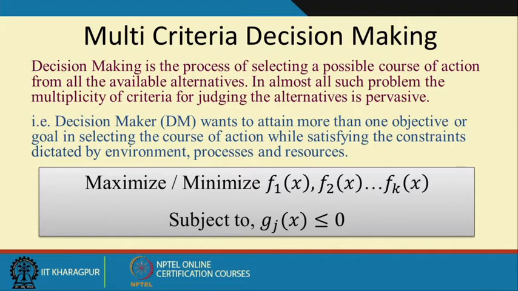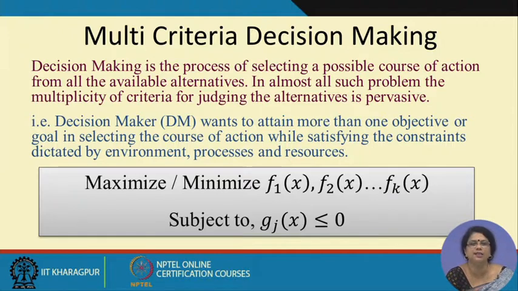That is why mathematically we will say maximize or minimize f1(x), f2(x) up to fk(x), subject to gi(x) less than or equal to 0. What else we have seen: we were considering f1 criteria, f2 criteria up to fk. There are k criteria together, and there is a set of constraints gi, all within us.